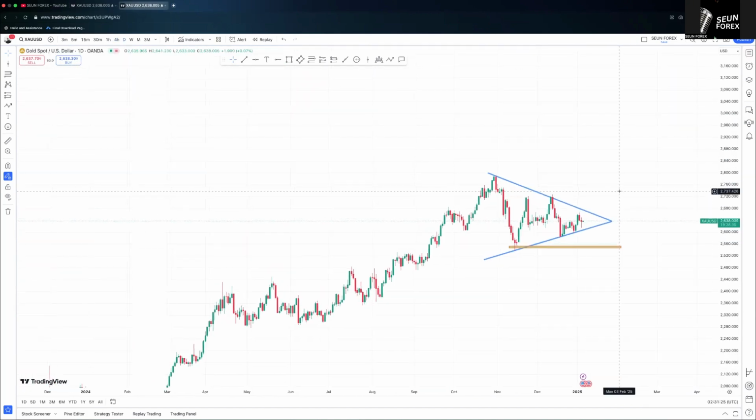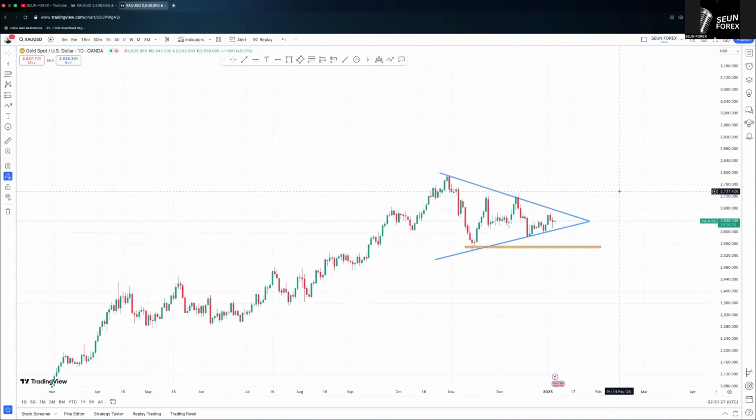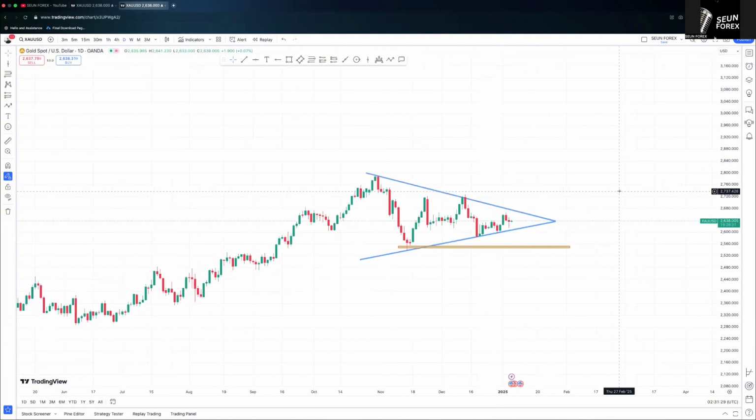Now, this is good right now. You can say power of price action plus chart patterns. There is a contraction here. This chart pattern is called a symmetric triangle.